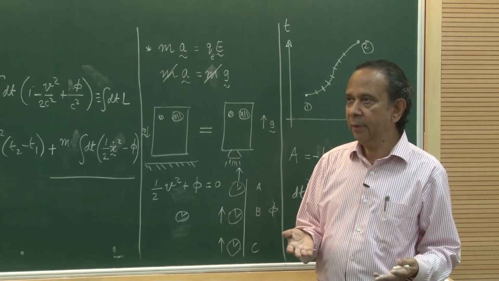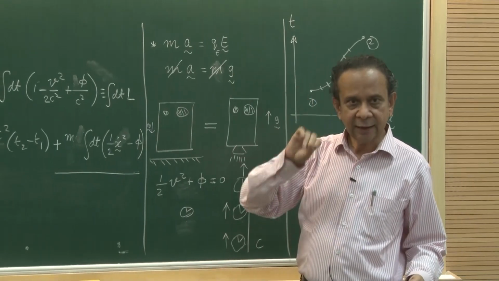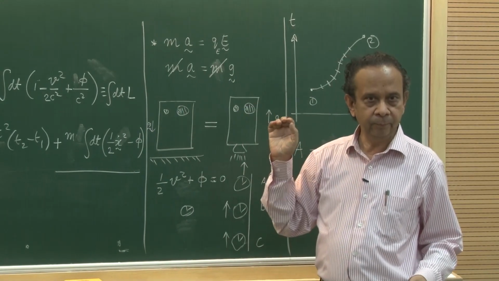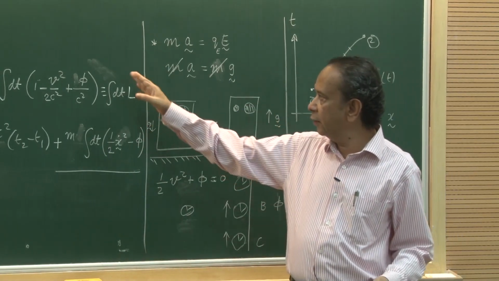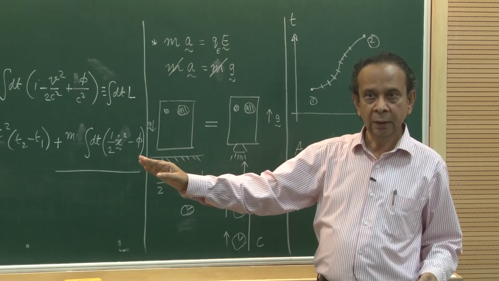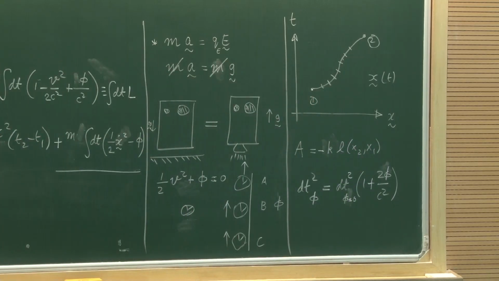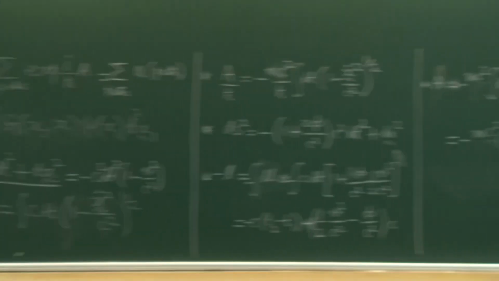It can vary with time and it will vary with place. So, in general this L will depend on x, x dot and t, okay, and the action will be an integral of that over time, and this is what we get. So, in this approach you actually derive what is the action for a particle in a gravitational field.